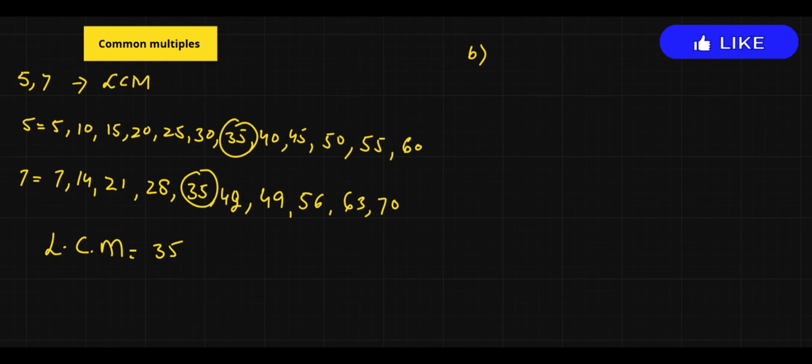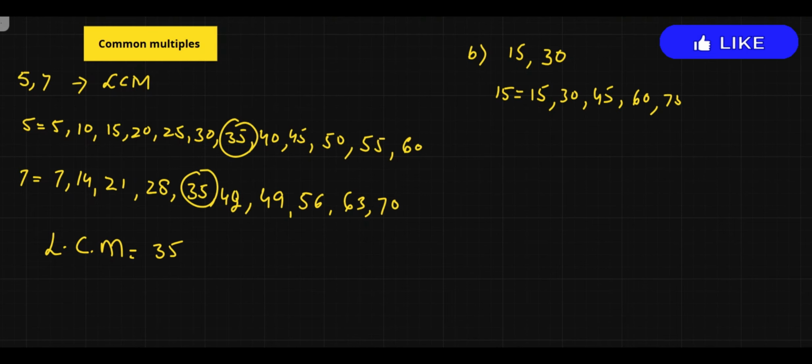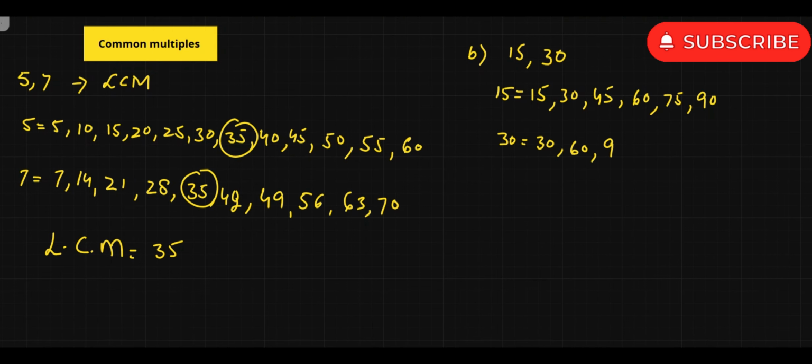Similarly, the LCM of 15 and 30. We have to find out the multiples of 15. So it is 15, 30, 45, 60, 75, 90. The multiples of 30 are 30, 60, 90, and then 120, 150, and so on.